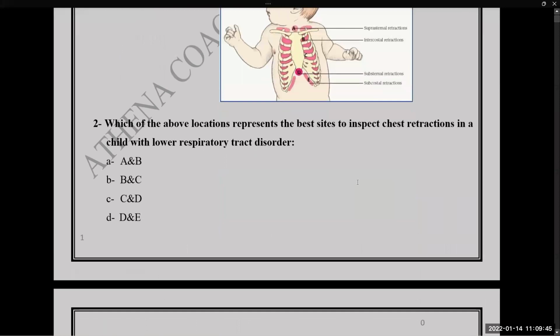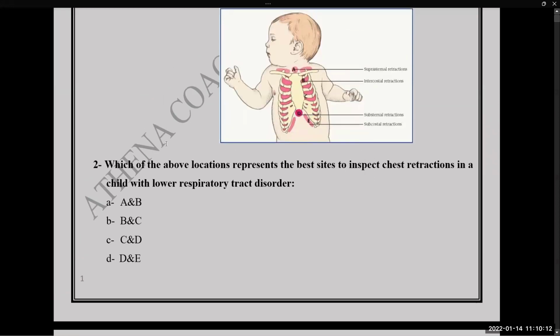Which of the following locations represents the best site for inspecting chest retractions in a child with a lower respiratory tract disorder? The picture is already given. Just compare and then drop your answers.